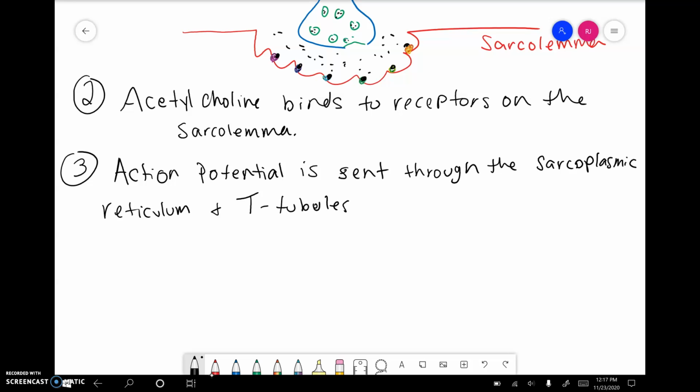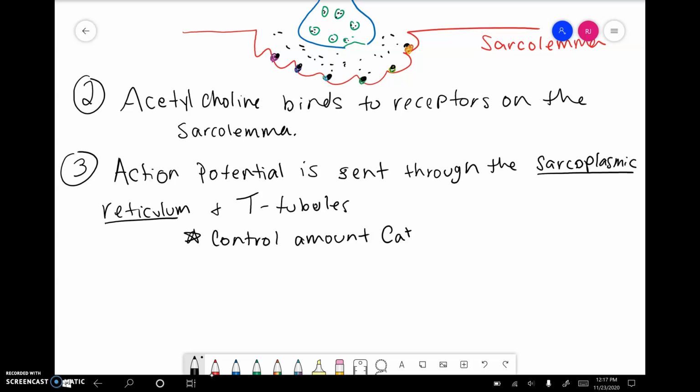So remember, our sarcoplasmic reticulum is going to control the amount of calcium that enters our muscle fibers. I'm going to abbreviate calcium here, C+.